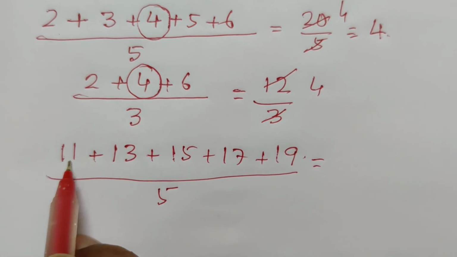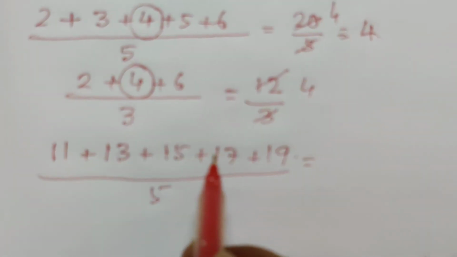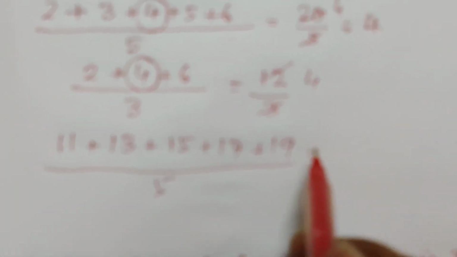Now 19 plus 11 is 30. 13 plus 17 is 30. 30 plus 30, 60. 60 plus 15 is 75. So 75 by 5 is equal to 15. Here also you see the middle number is the average. Now if we are asked to find out a sum on this, we have come to know over here that middle number is always the average.